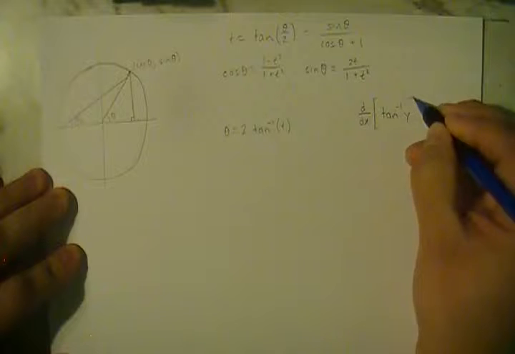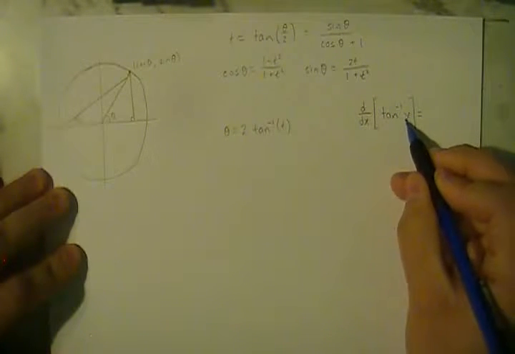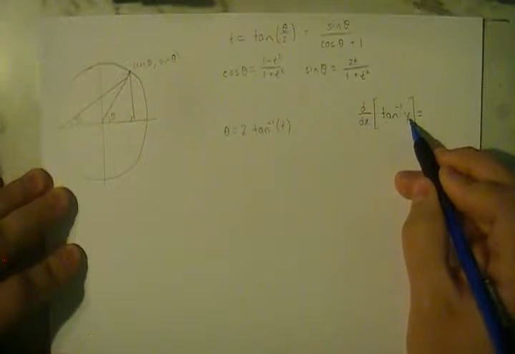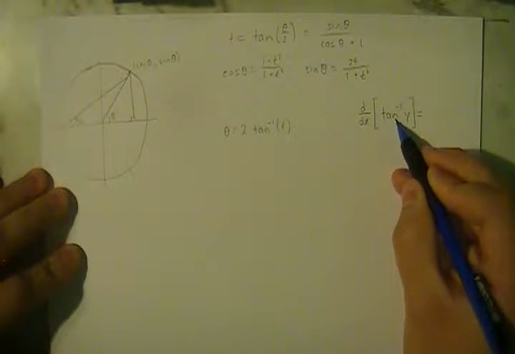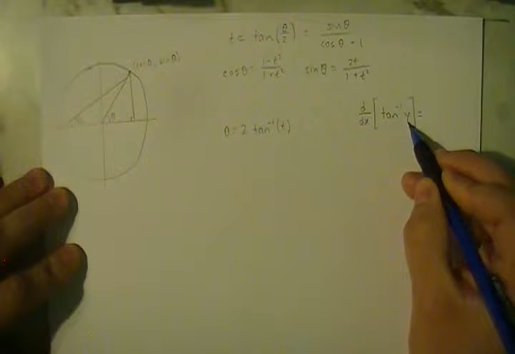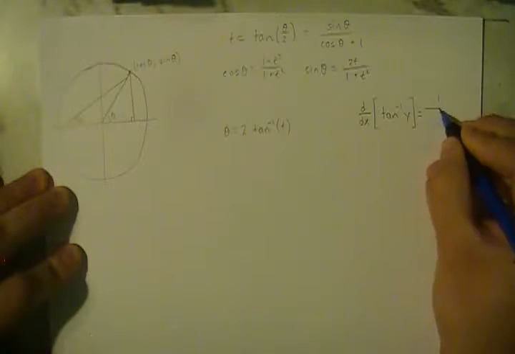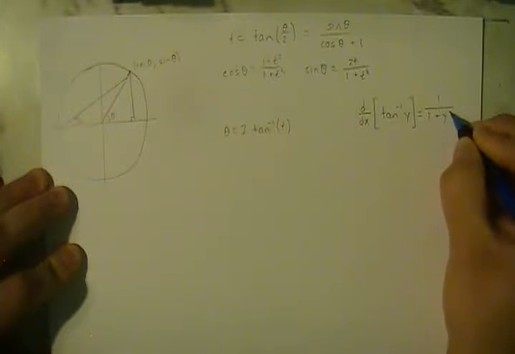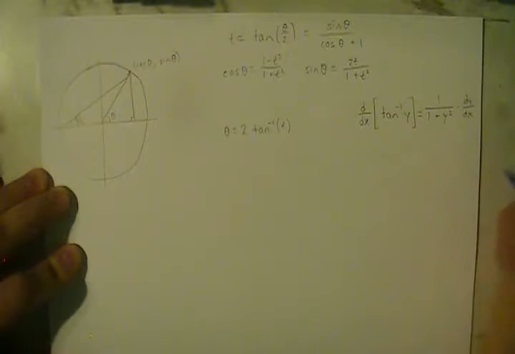I don't want to get off topic, but let's say I have some function y, which is a function of x, and I want to take the derivative of the arctangent of that function y with respect to x. Then that's going to be 1 divided by 1 plus y squared times dy dx.